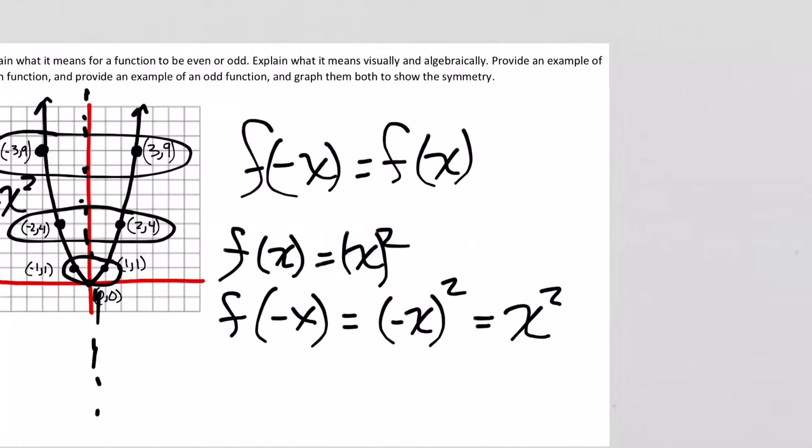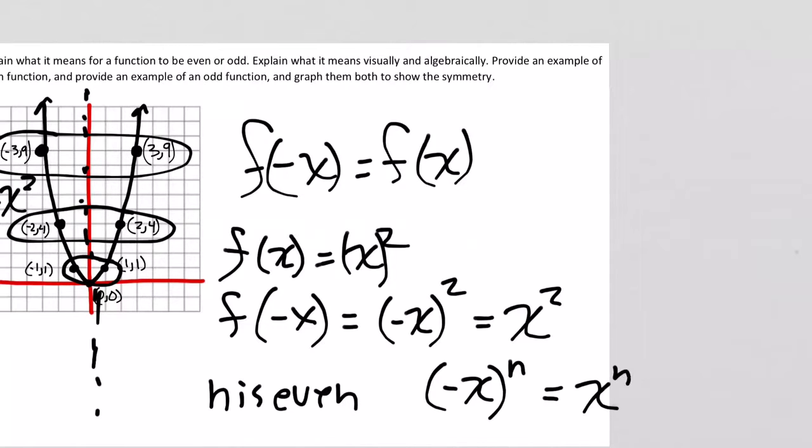Anytime you have an exponent, say something like this, negative x quantity to the power of n, where n is even, that will be exactly the same as just x to the power of n. And you can always simplify it.